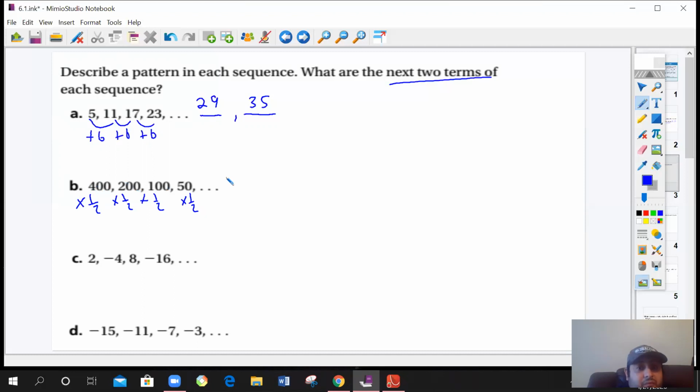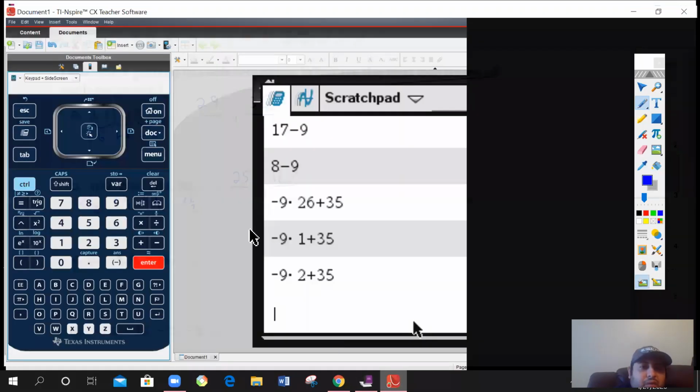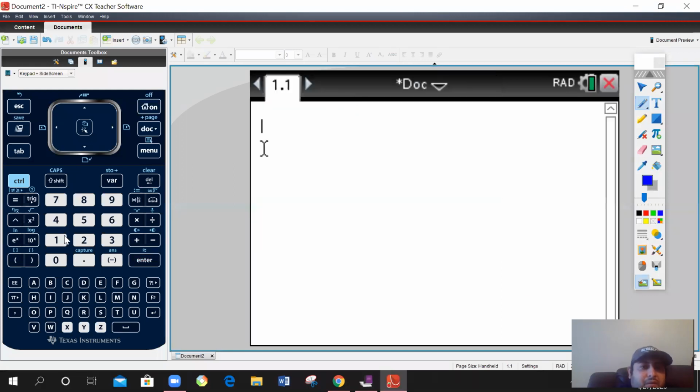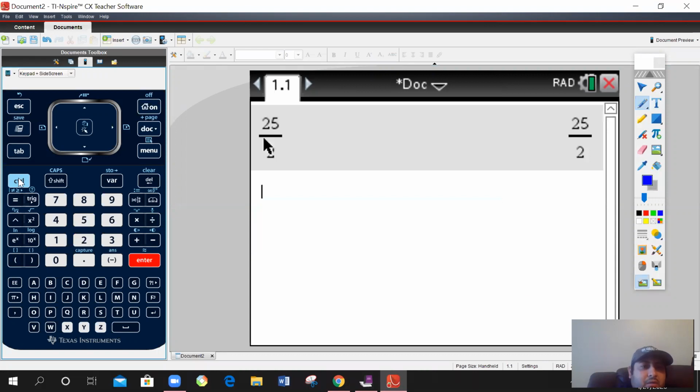So for your next two terms, 50 divided by 2 will be 25. And then 25 divided by 2 is going to be, let's see, 2.5, I believe. Let me check the calculator. So we have 25 divided by 2. Yeah, 12.5.